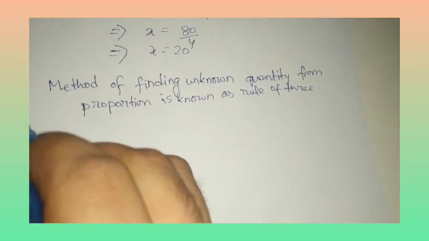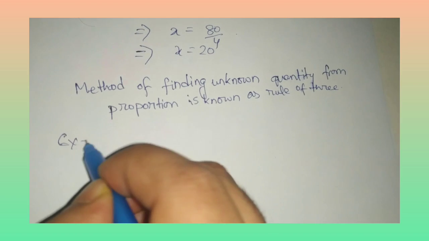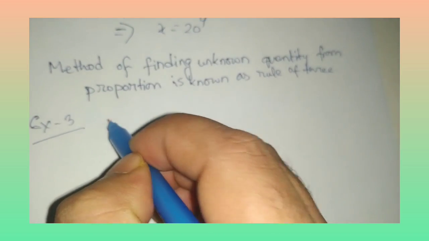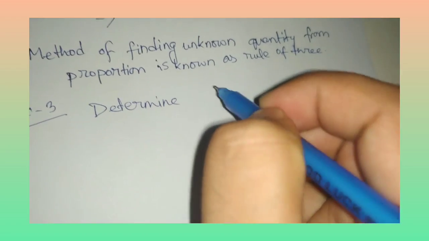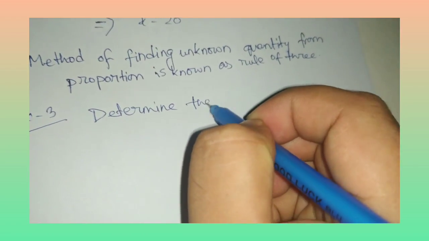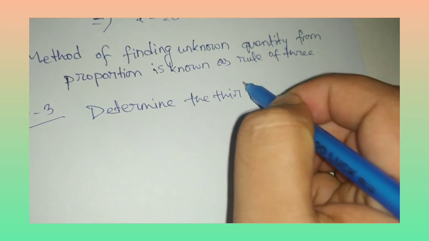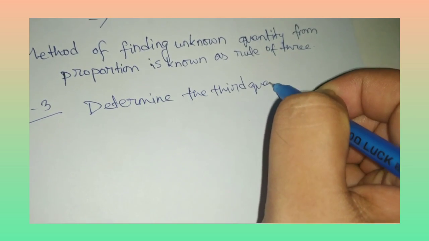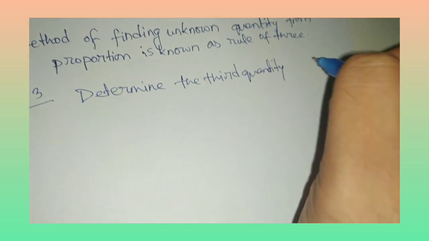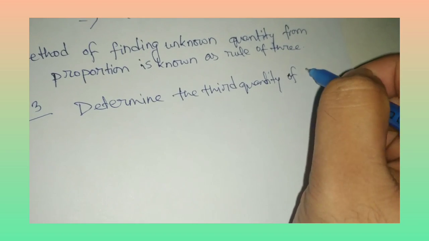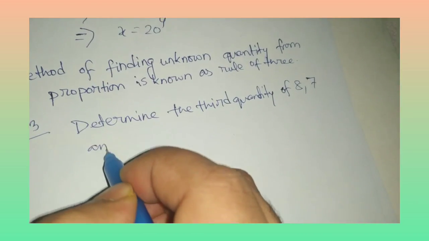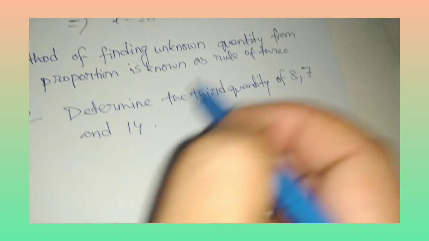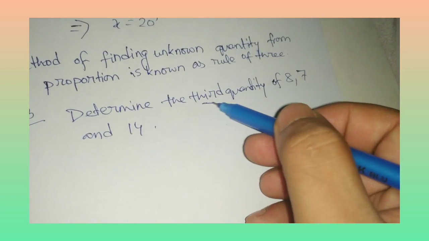So I have a question over here. Example 3. Determine the third quantity of 8, 7 and 14. So I have to determine the third quantity.